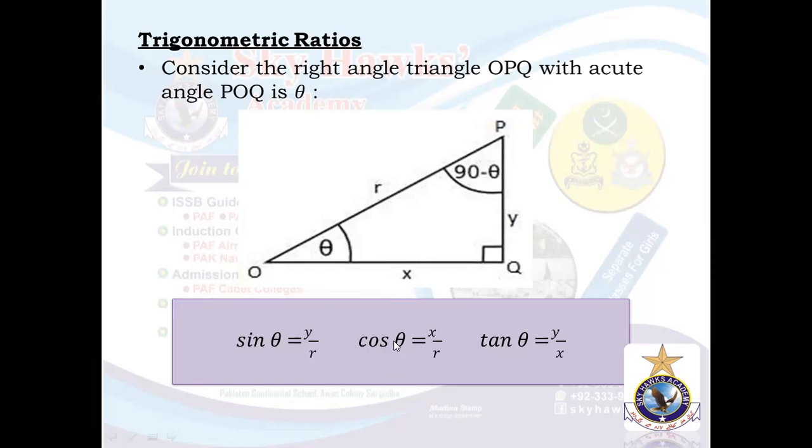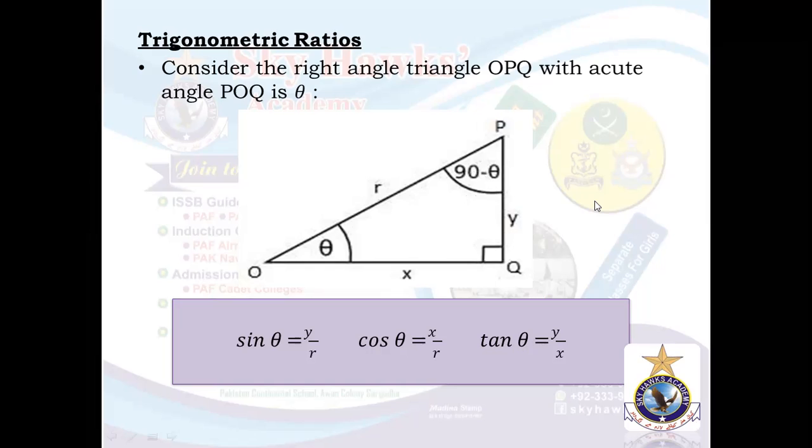So sine of this angle will become this, cos of this angle will become this, and this will become the reciprocal. If we are looking for tangent 90 minus theta, the opposite and adjacent, x over y, this is cot theta. Are you getting this? Okay, yeah, I think I'm getting it.